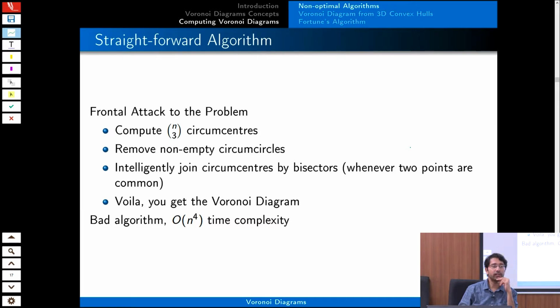So, okay, let us try to find out the complexity of the Voronoi diagram. Let us go step by step. What is the complexity of a Voronoi cell? What is a Voronoi cell, do you understand? That is the set of points corresponding to a site point.